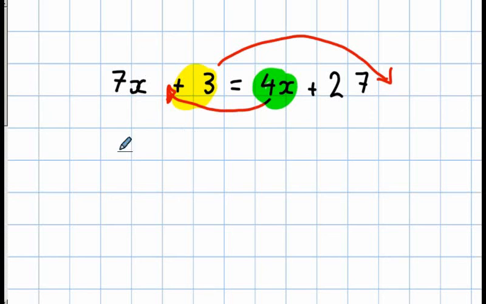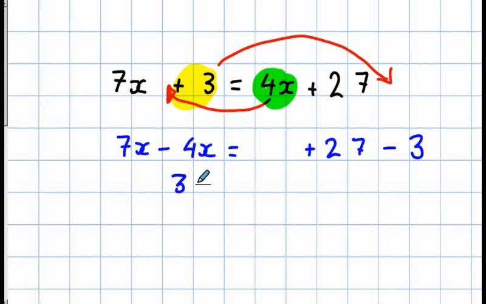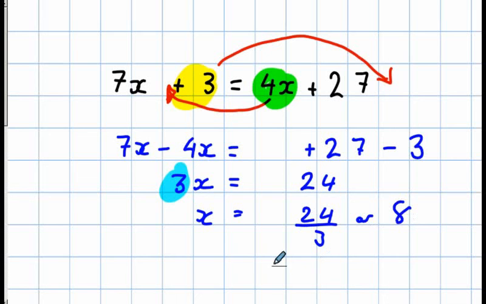So I rewrite this as 7x, take away 4x, remember you always take away, unless there's a minus in front, equals plus 27, and then that plus 3 becomes minus 3. It's gone to the end of the queue. Then 7x take away 4x is 3x, 27 take away 3 is 24, and like we did with all the previous ones, our final act is to take that number in front of x, in this case 3, and put it underneath, okay? And then try and work out what it is.